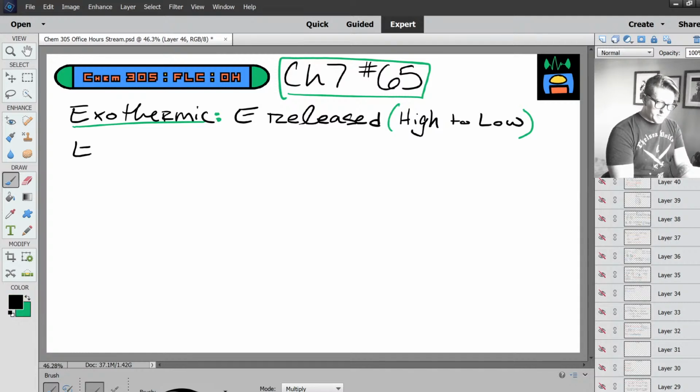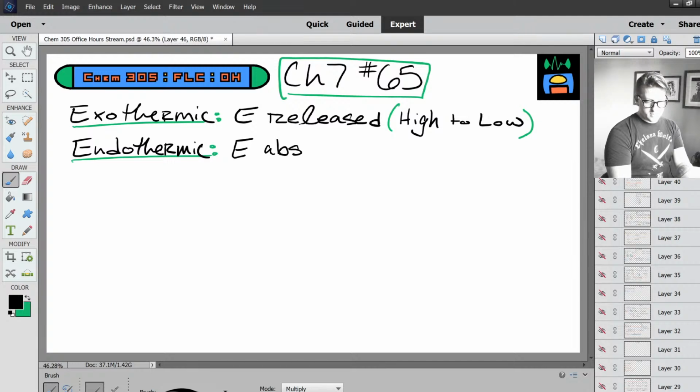And endothermic is the opposite. With an endothermic process, energy is absorbed.